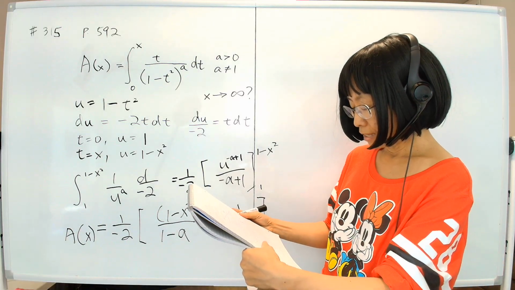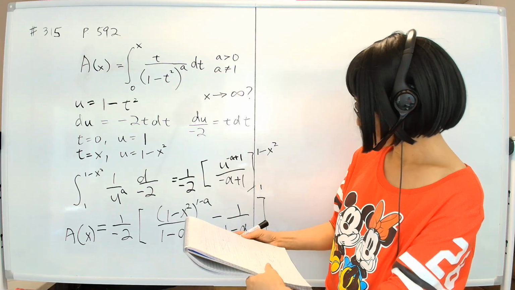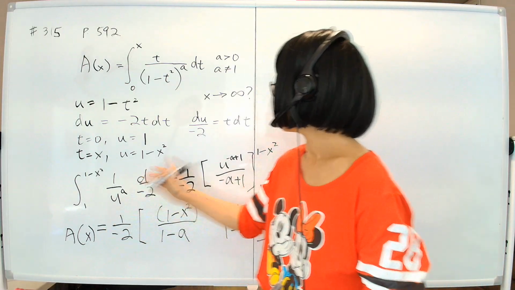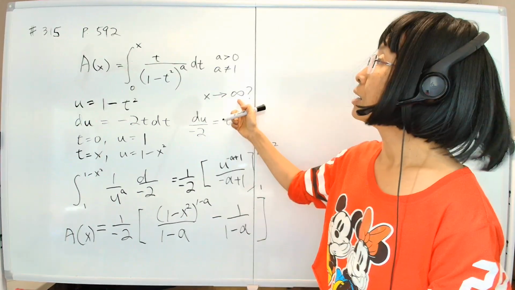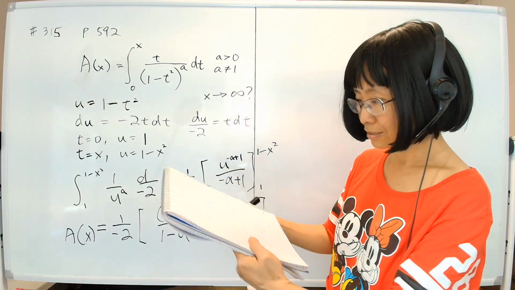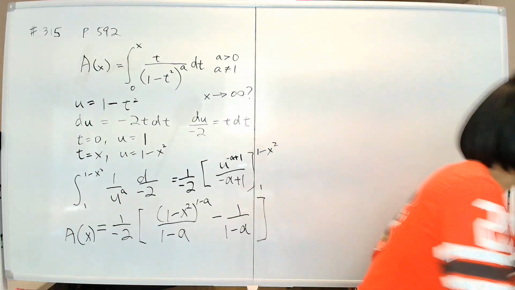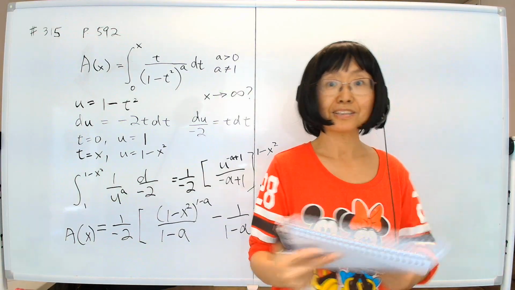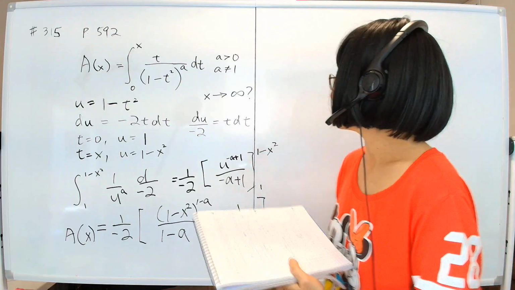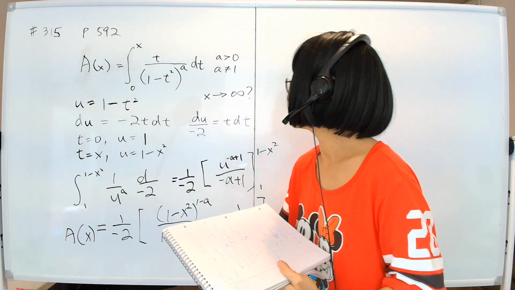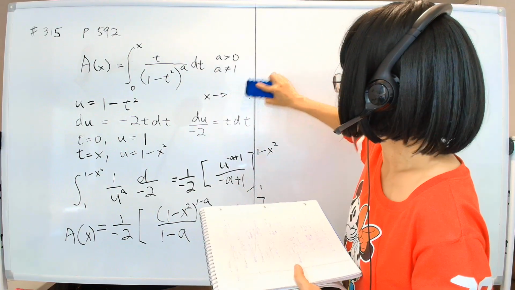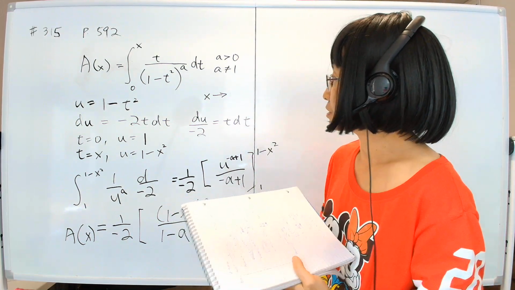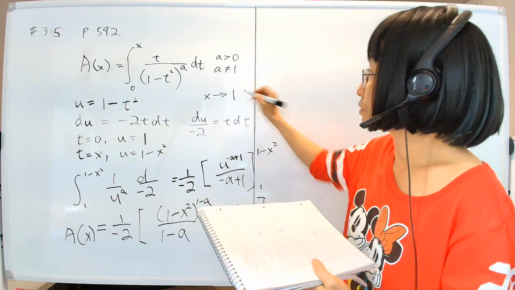And then the next question is, what happens when x approaches infinity? Okay, now if, what? Does it really say that? Give me a second. Sorry, x does not approach infinity. Okay, x approaches 1. That's what the question says. I don't know why I got infinity on my mind, but we already said that x is between 0 and 1 in the problem. So x is approaching 1.